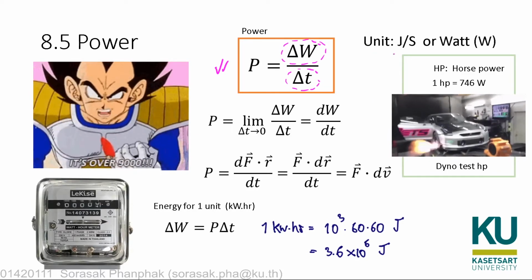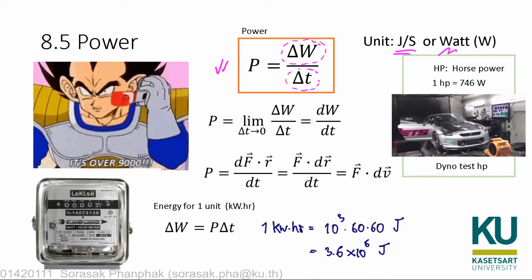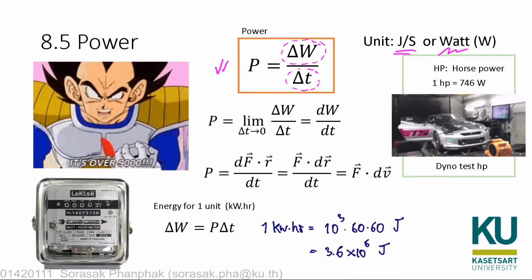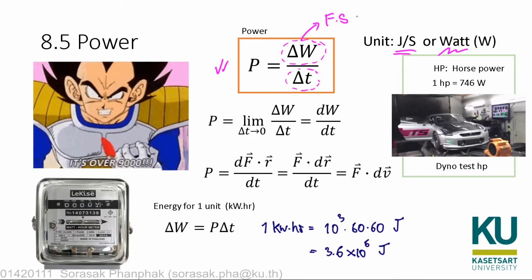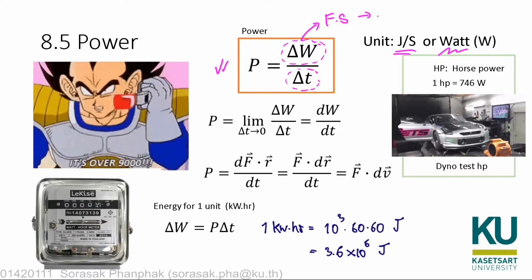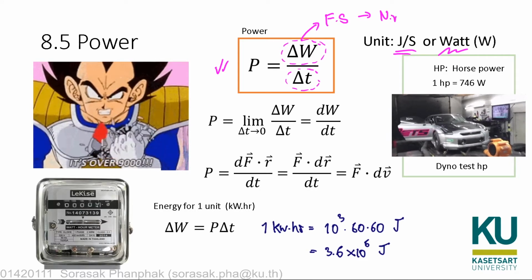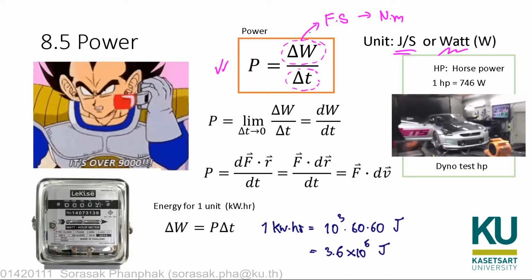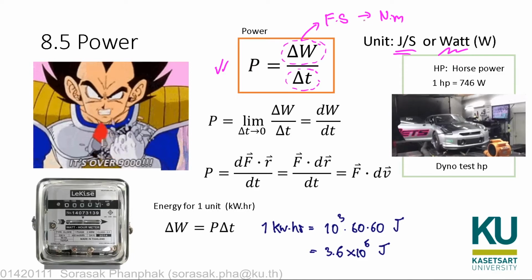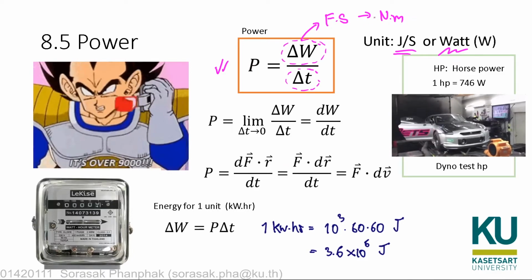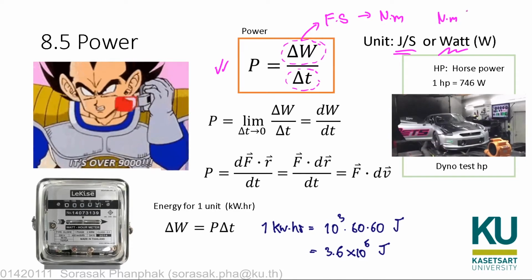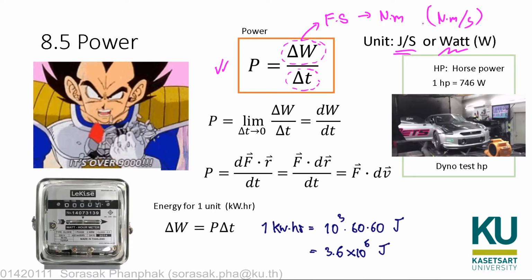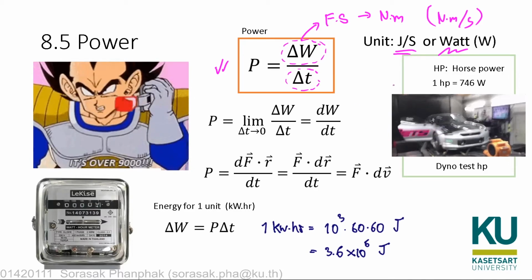So the unit is joule per second, or watt, because your work is Fs, and Fs is work, so the unit can be joule or Newton meter as well. So you can express the unit of power as Newton meter per second as well. All these are units of power.